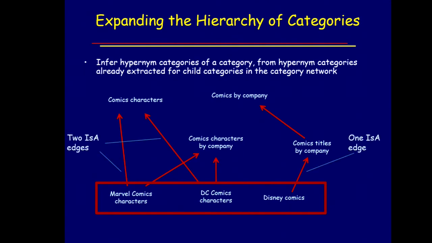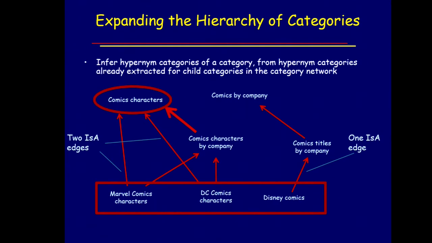On the left, you see that you have two ISA edges going up from the children of comic characters. You have this red box at the bottom, right? These are the children of comic characters by company. According to those children, you can go to comic characters more so than you can go to comic titles by company. Right? For that reason, you'll be inferring or guessing that you can go from comic characters by company to comic characters. Okay.